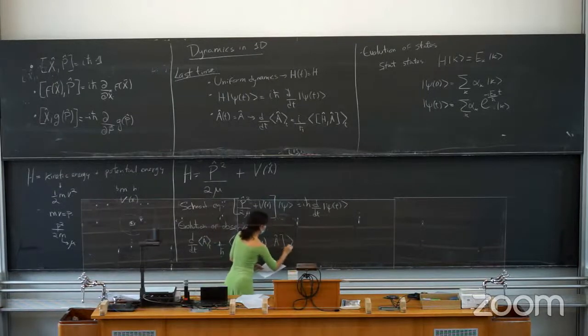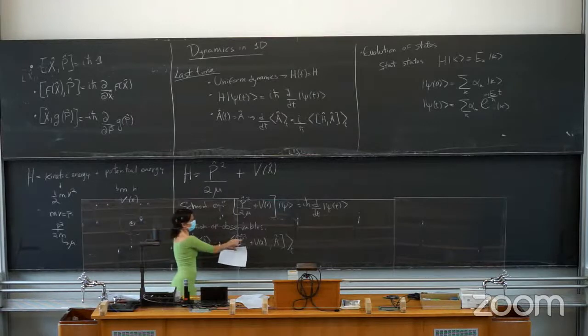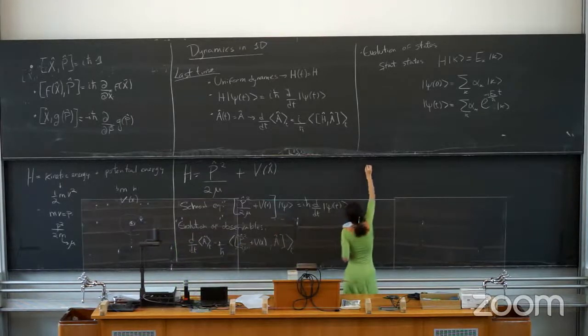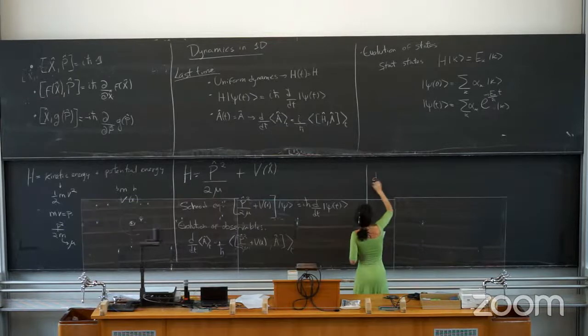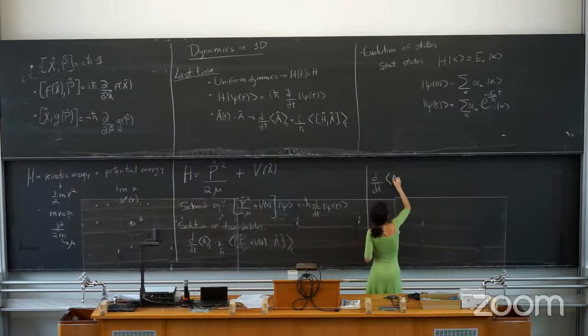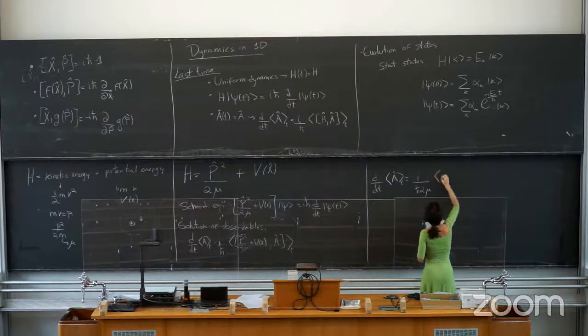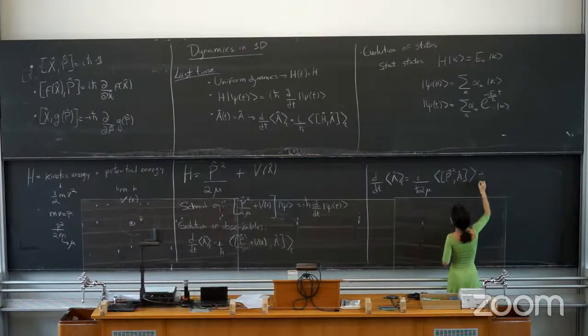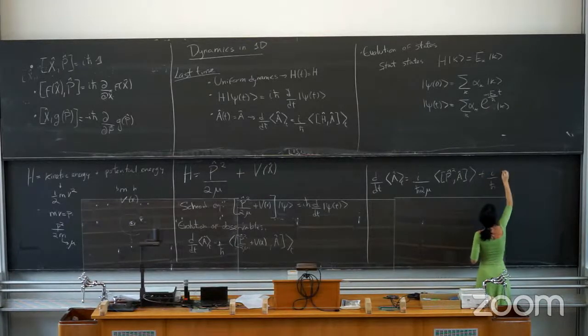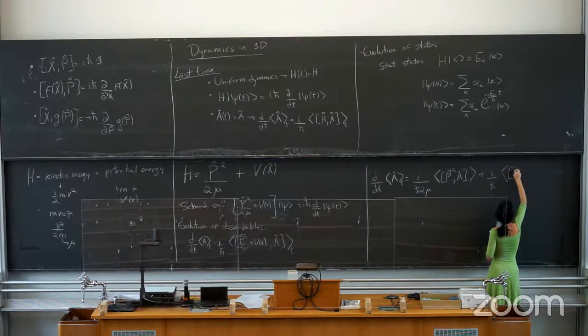Now, because the commutation is linear, we have two terms. One is i over h bar 2 mu times the commutator of p squared with A, plus i over h bar times the commutator of this function of x with my observable.